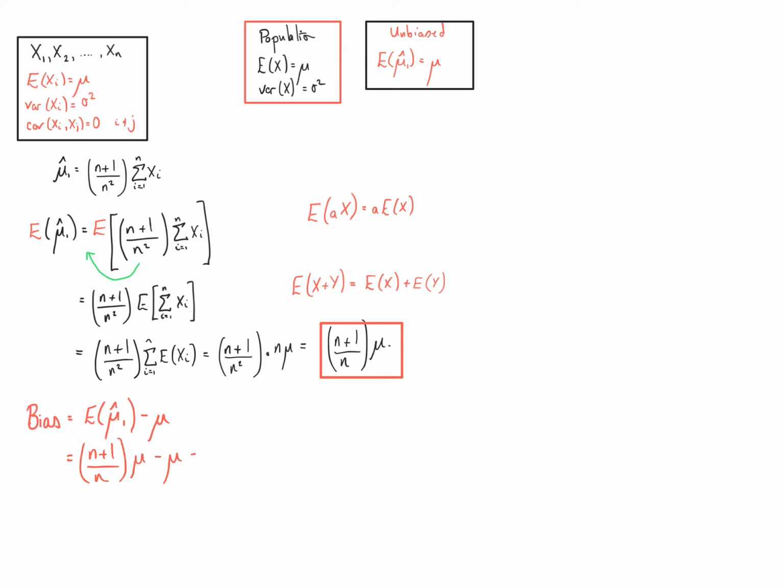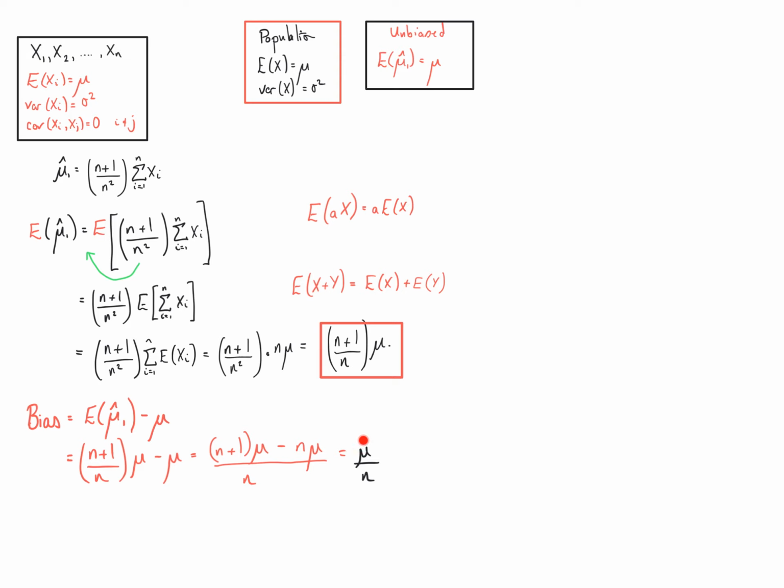If we put everything over a common denominator of n, this will be equal to n plus 1 times mu minus n lots of mu, all over n, which is n mu plus mu minus n mu, so the n mu terms cancel, just leaving mu over n.